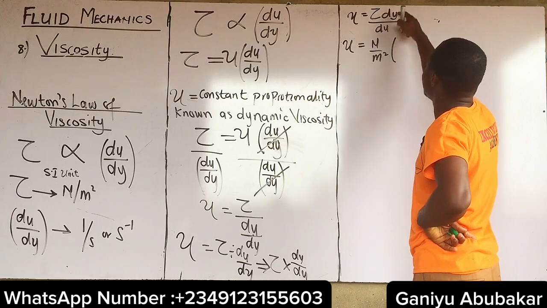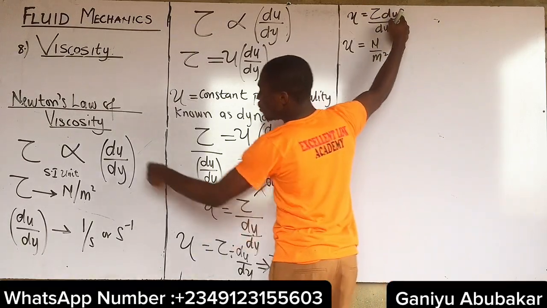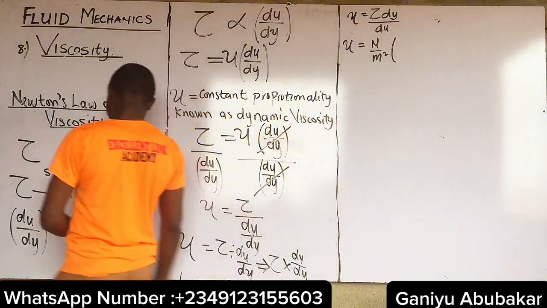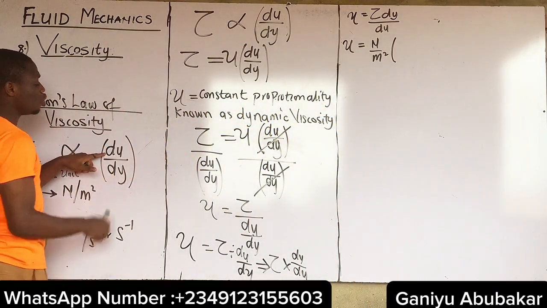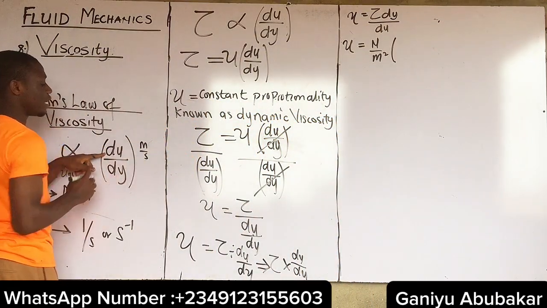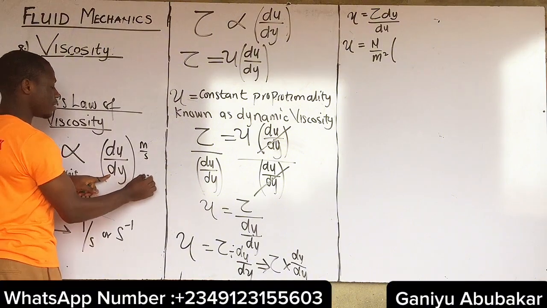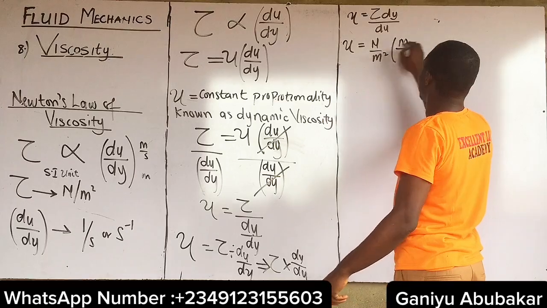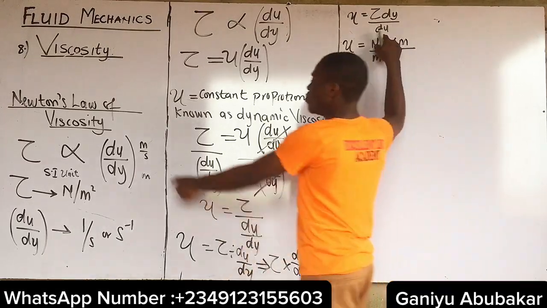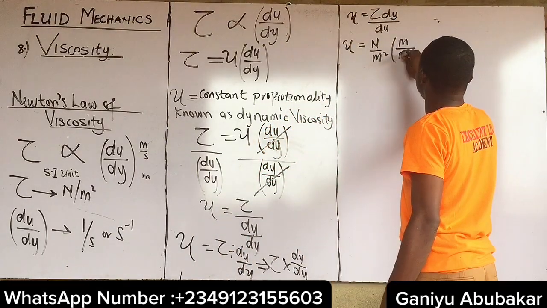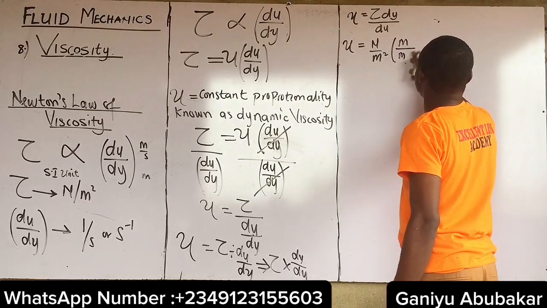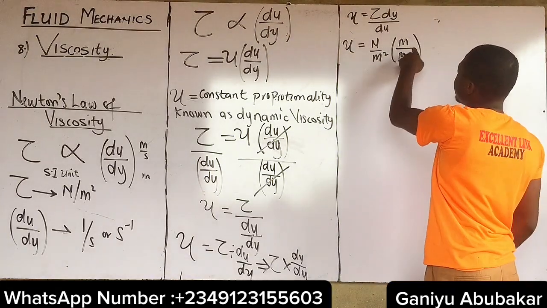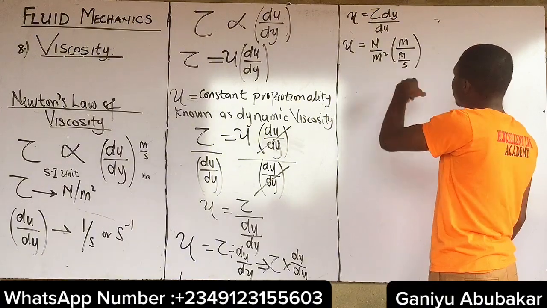For the u over the y, the u is meter per second as we said earlier, and the y is in meters. So I'm having the y up here first, that becomes meter, all over the u, which is meter per second.